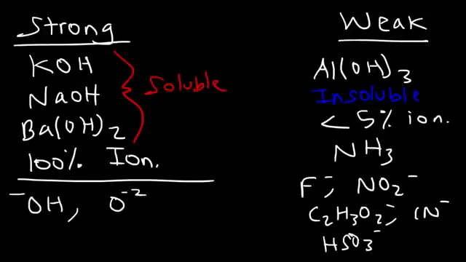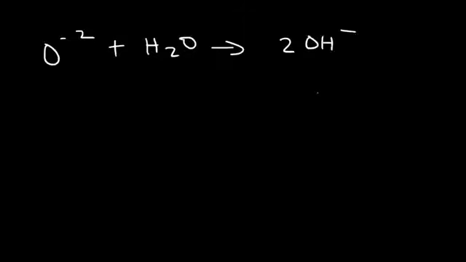Other examples of strong bases besides hydroxide are oxide. If you have oxide in solution, that's a strong base, and hydride. If you put an oxide ion in water, it's going to grab a hydrogen from water, creating two hydroxide ions. So oxide is a stronger base than hydroxide because it has fewer hydrogens.